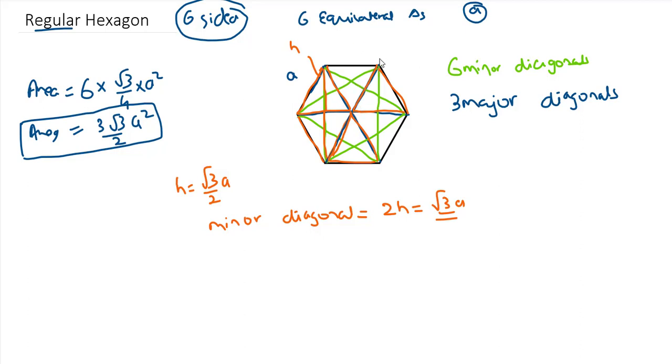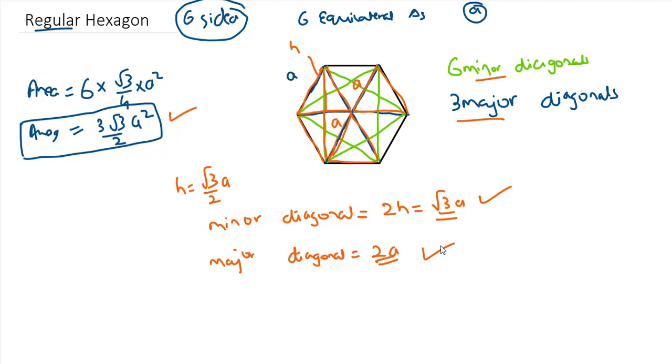This portion is the side of the triangle, its length is A. Even this portion is the side of the triangle whose length is A. So the length of the major diagonal will be equal to 2A. So please remember these formulas of area, number of major and minor diagonals, and their lengths. It will be helpful in solving problems.